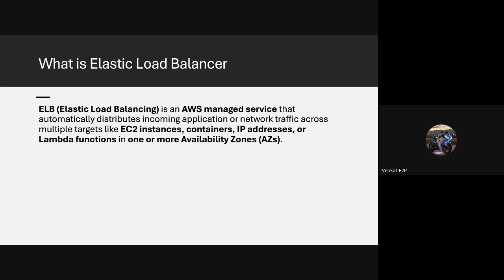Using this elastic load balancer we will have high availability. Why? Because if anything happens in one region, one availability zone, or to any instance, it will automatically create the instances and segregate the users. So like that, it will have high availability.